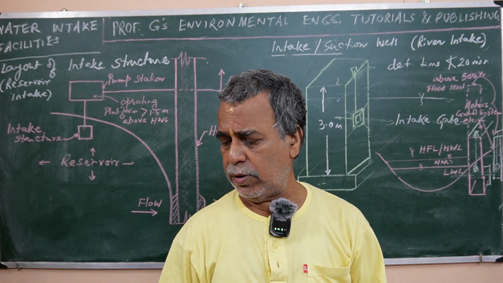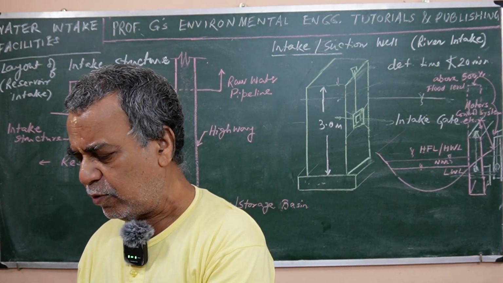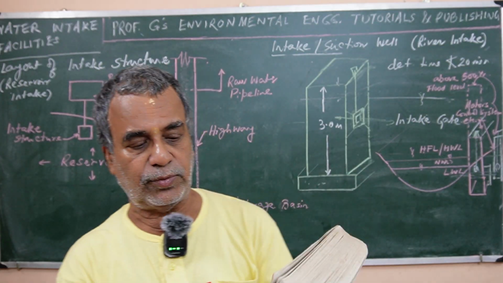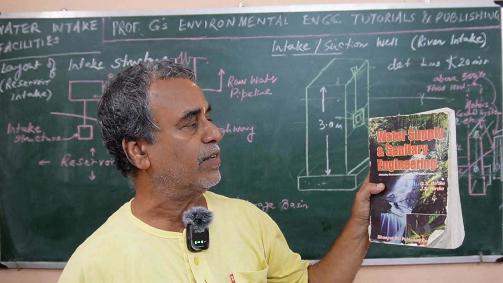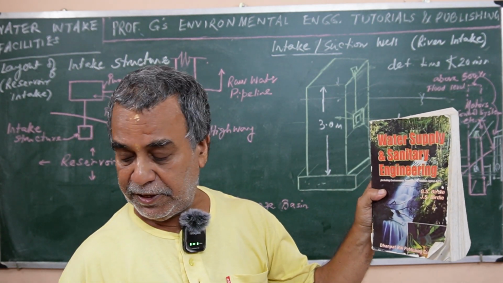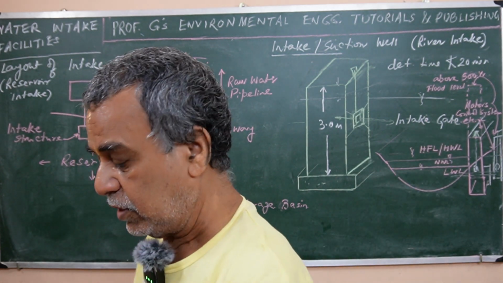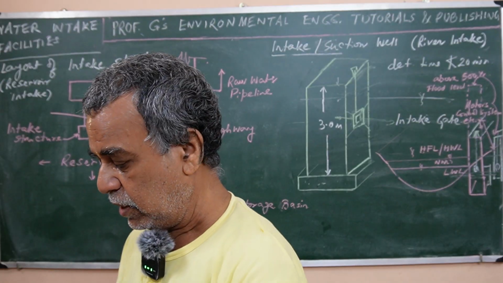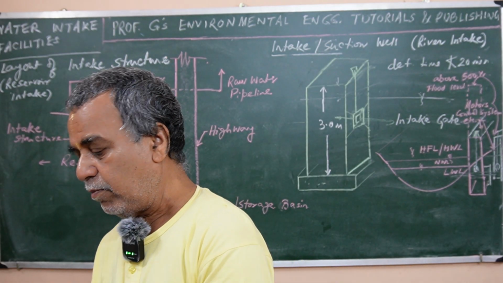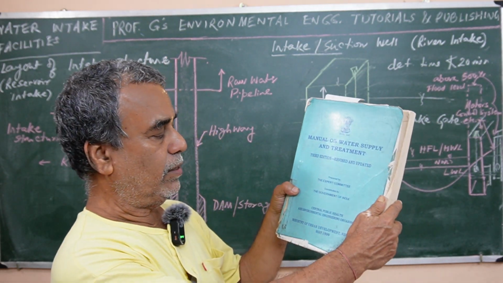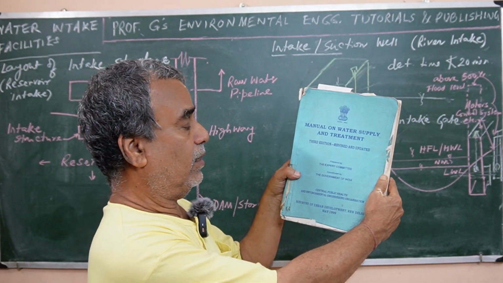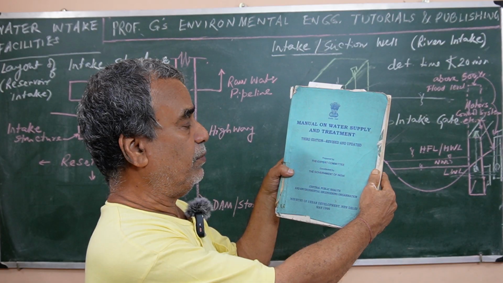Now, these books, I have already shown: Garg, S K Garg, the water supply, this one here, the water supply and sanitary engineering, VD and BD, right? This is the P V N Rao, right? Then this is the manual on water supply and treatment, that is the Central Public Health and Environmental Engineering Organization, CPHEEO.